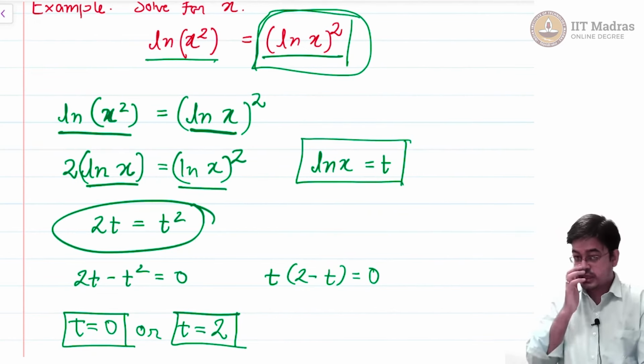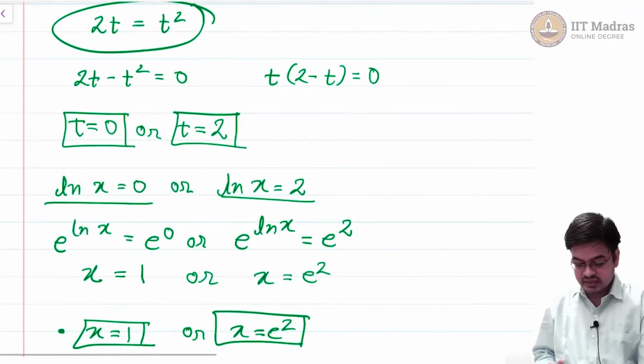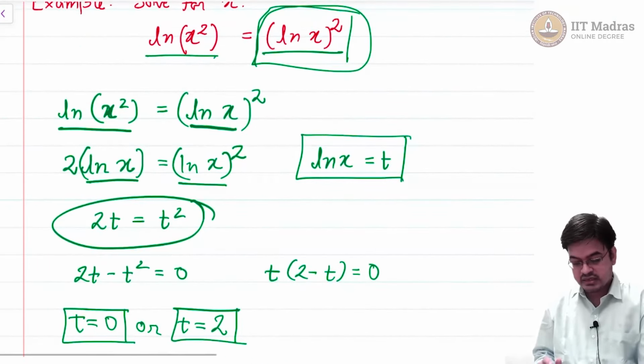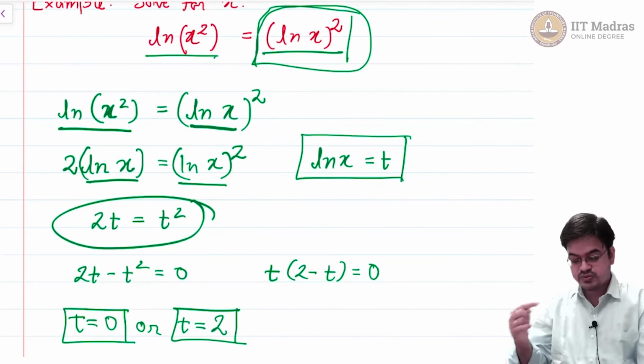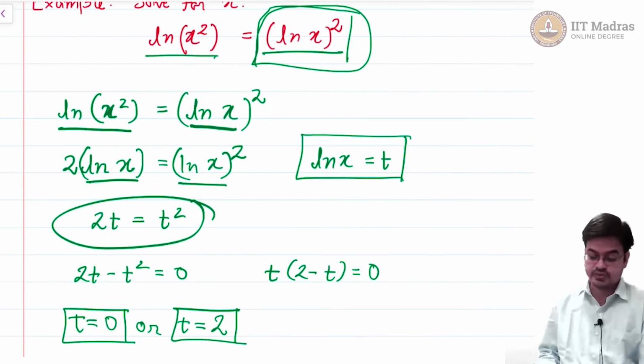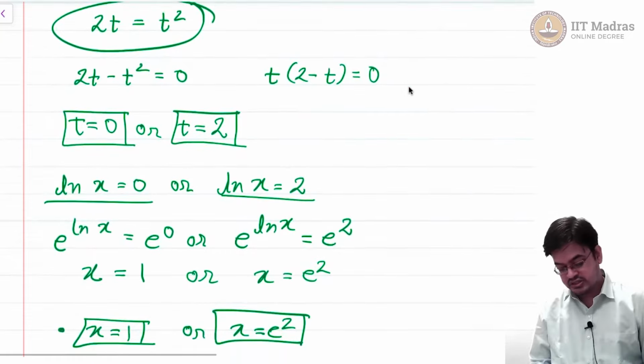You know the answer. Log of 1 is 0, and 0 square is 0. Okay, and then if you put x is equal to e square, then ln of e raised to 4, that is 4, and ln of x, that is ln of e square is 2, and 2 square is also 4. So we have verified that both these are valid answers.